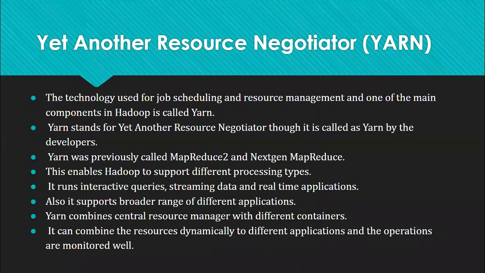So here, all the resources are combined dynamically and distributed to the different applications required for different operations, and all those resources are also managed, like which application is requiring that resource, how much it is utilizing, how much time it is free, likewise.